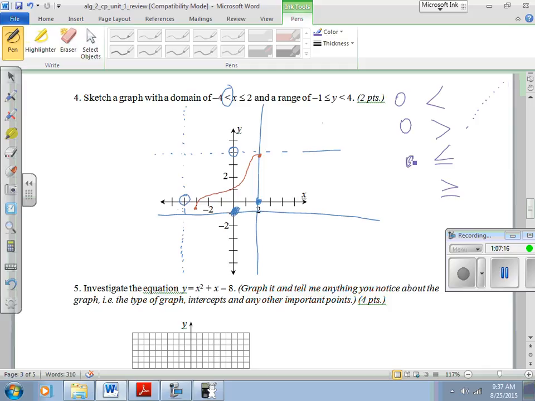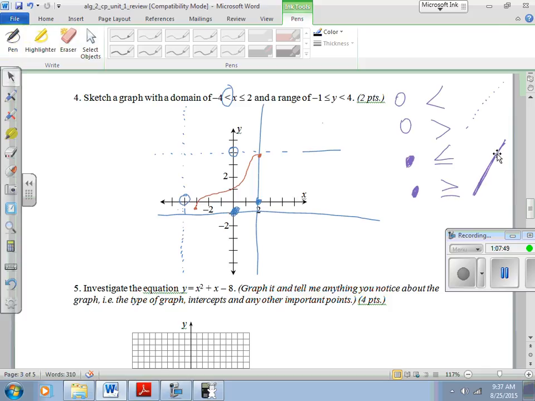These two always have closed dots, and they always have solid lines because any of those solid dots are part of the line. However you would have drawn the graph, you just can't let it touch this line and that line. You could have let it touch this one down here and this one right here. Does that make sense?